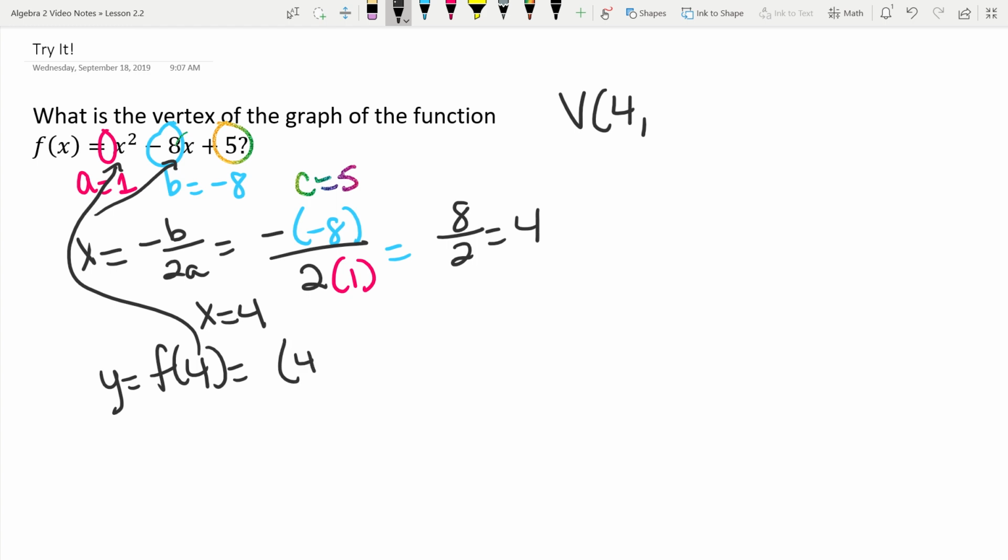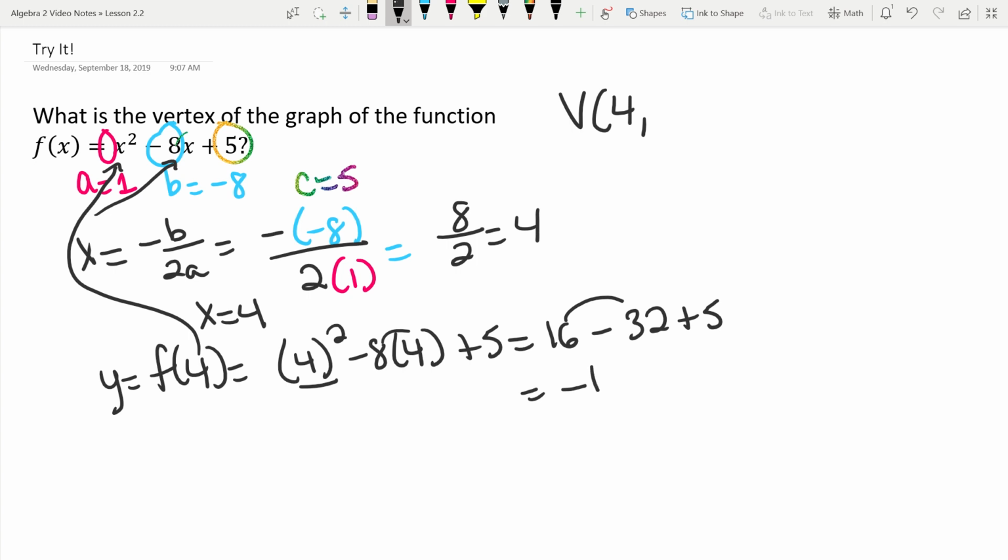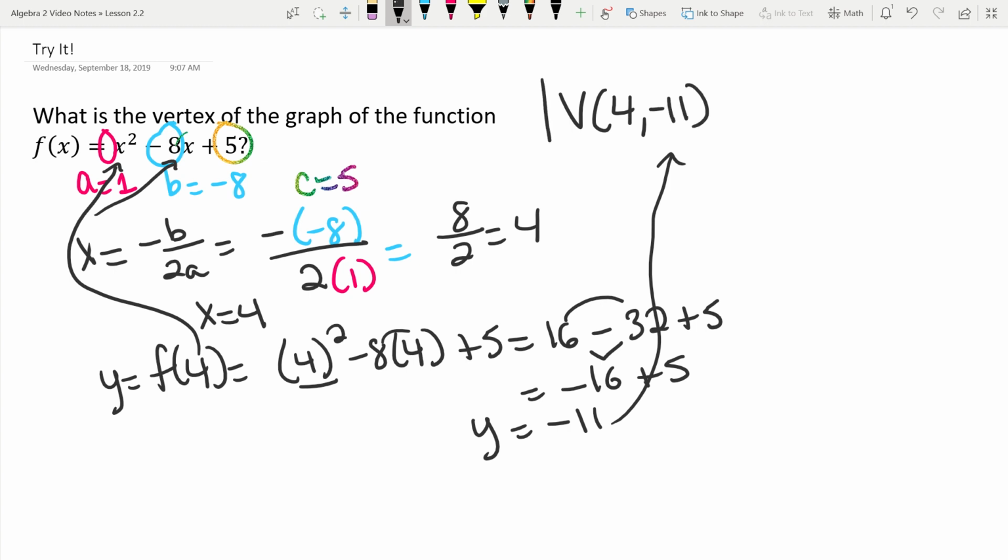So we get 4 squared minus 8 times 4 plus 5. 4 squared is 16. 8 times 4 is 32 plus 5. So we got 16 minus 32 is negative 16 plus 5. So you get y equals negative 11. So you plug that in for your y coordinate, and there is your vertex.